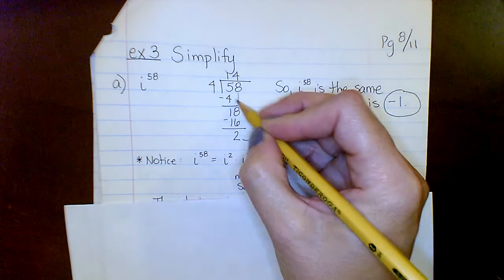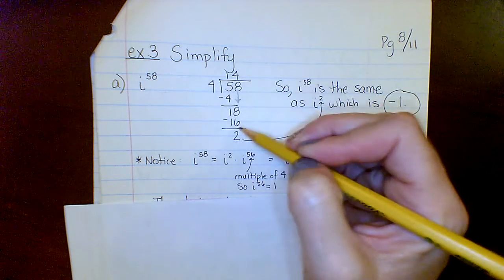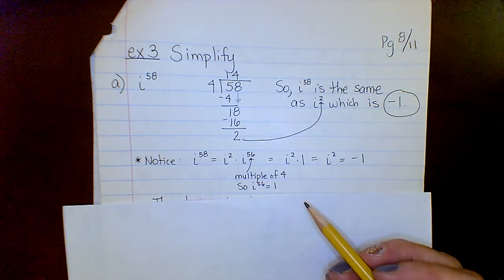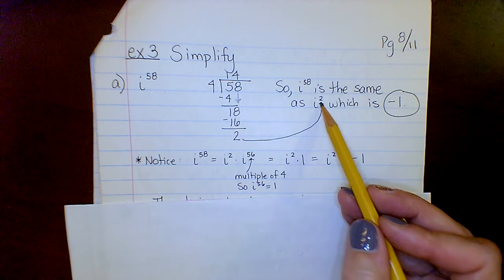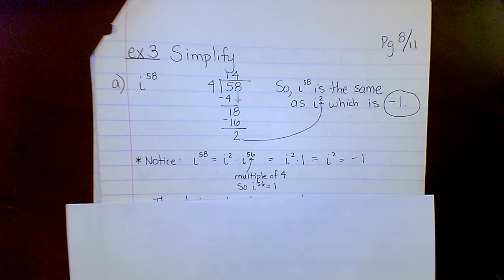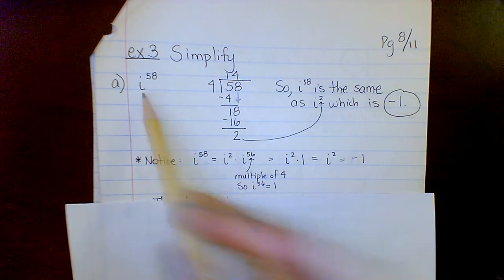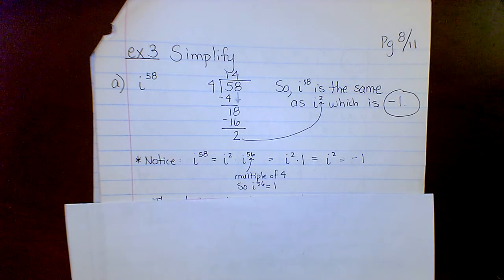We're going to bring down that 8. 4 goes into 18 4 times. 4 times 4 is 16. We get a remainder of 2. So i to the 58 is the same as i to the second, and we know i to the second is negative 1. That means i to the 58th power can be further simplified into just being negative 1.